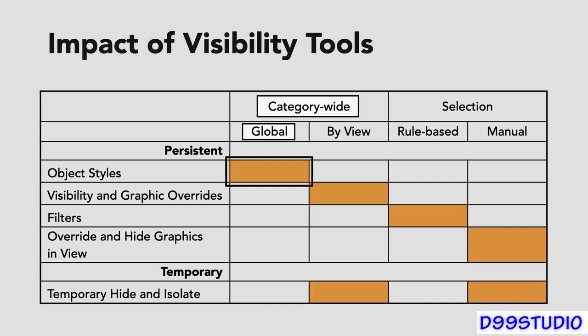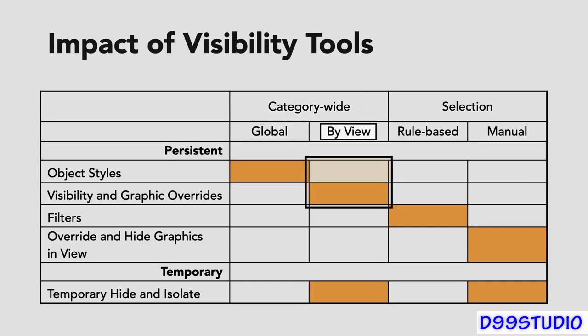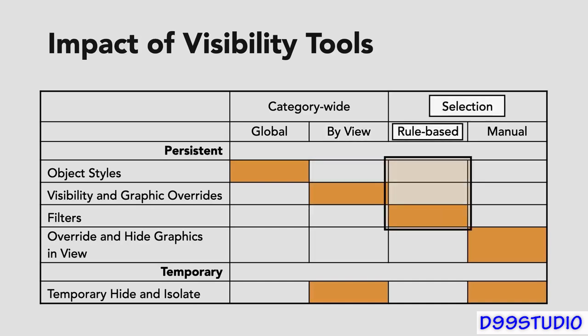Now you can override the effects of object styles in several ways, starting with visibility graphics. Visibility graphics are still category-wide, but they apply only to the view in which they are applied. Next come filters. These are limited to a selection of elements determined by user-defined rules.